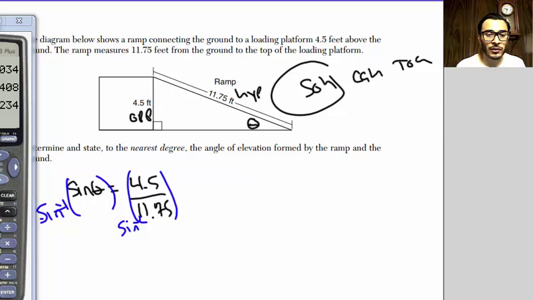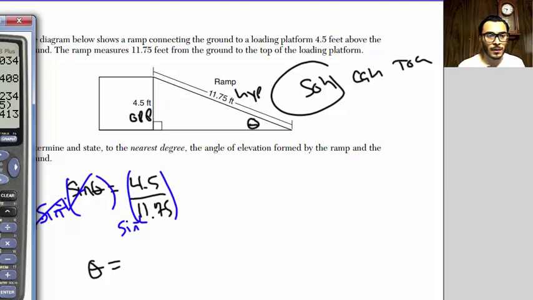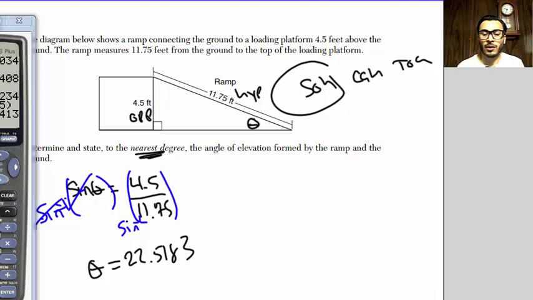So doing the inverse sine is going to cancel out these sines, and you'll be left with theta equals inverse sine, so second sine, of 4.5 divided by 11.75. And then the answer is approximately 22.5183, but they would like it to the nearest degree, so we're going to say theta equals 23 degrees.